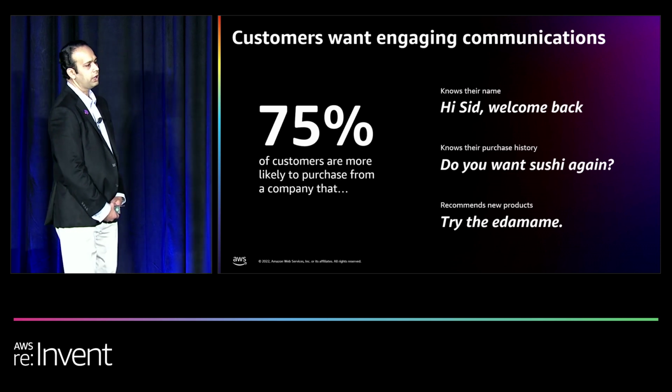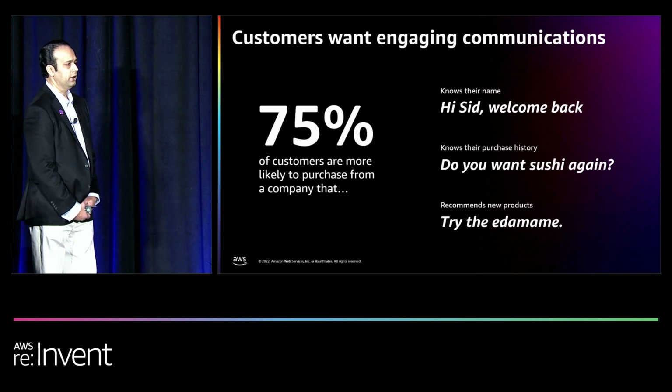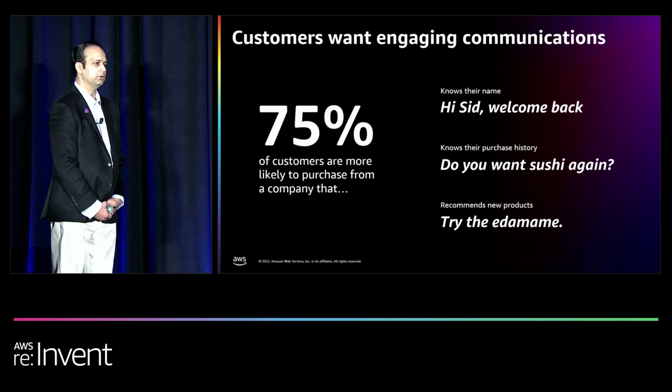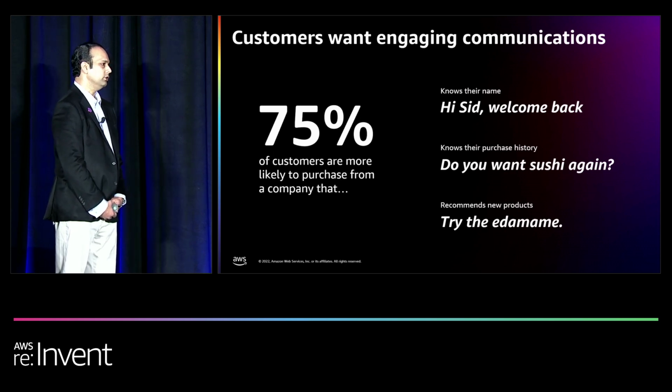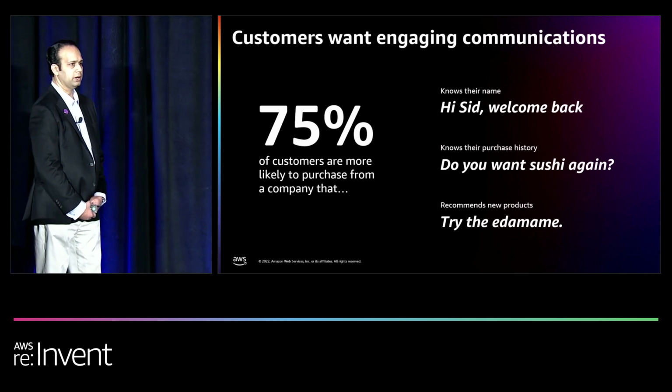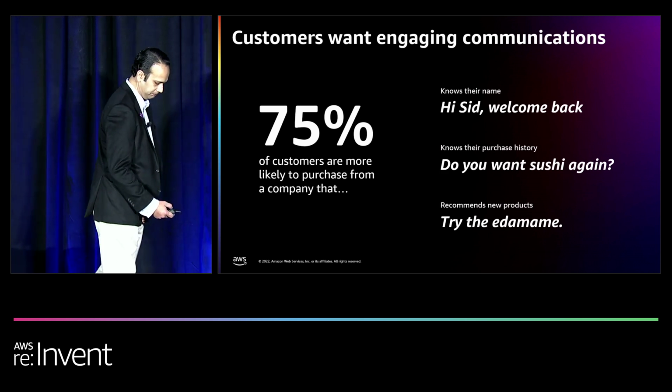So it's no longer about just being able to send an email or be able to send a text message or place a call. It's about basically using data that's stored within a VPC, for example, using machine learning and securely accessing these services to create an engaging customer experience.